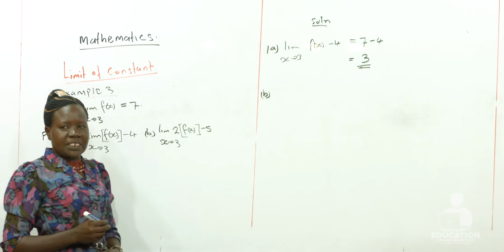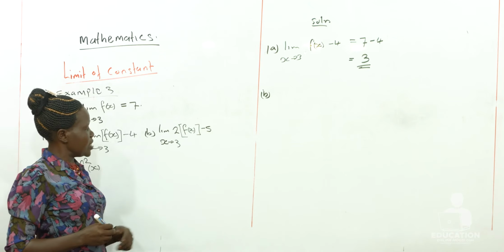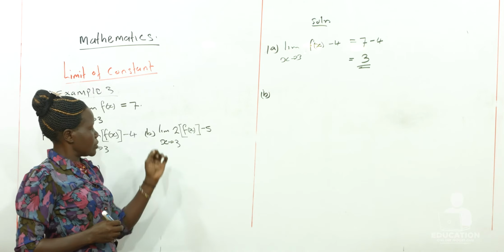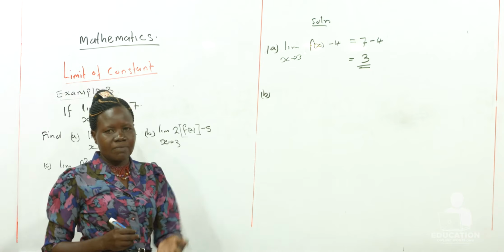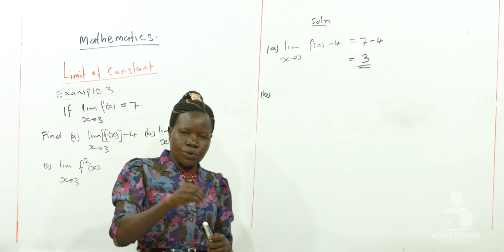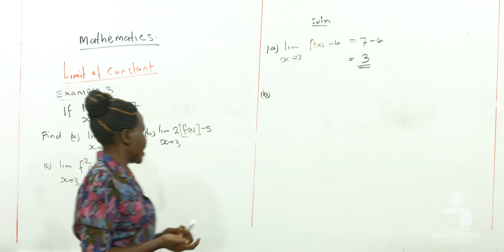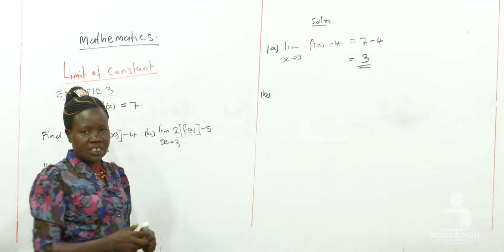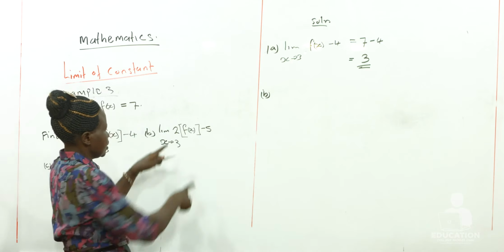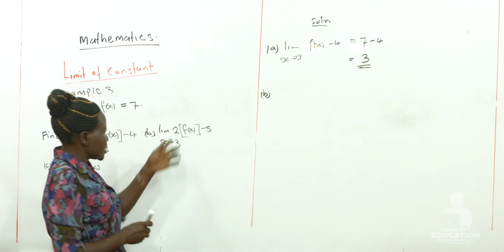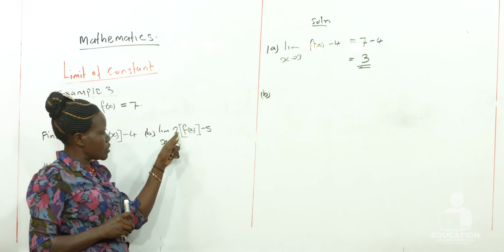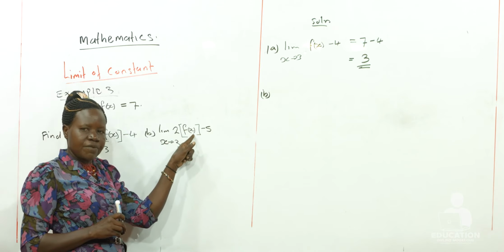Remember in our previous lesson when we were introducing limits, we said there are two types of limits. There is one where we find a constant comes after the limit, and if it comes before, it means it is outside the whole function. Since 2 is outside the whole function, it means that you are going to multiply 2 times f(x).